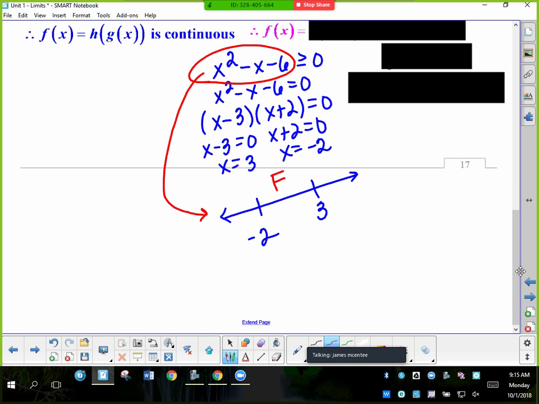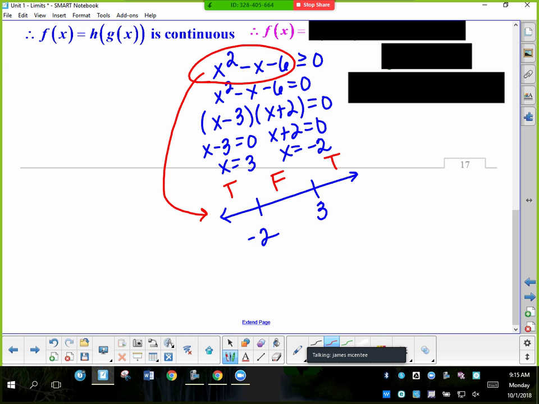So go in right now. You can use the calculator if you need it. 4 squared minus 4 minus 6. 4 squared, 16 minus 4 minus 6 is the same as minus 10. 16 minus 10 is 6. Is 6 greater than 0? Yes. And the other region on the left will work if we did a test point as well.